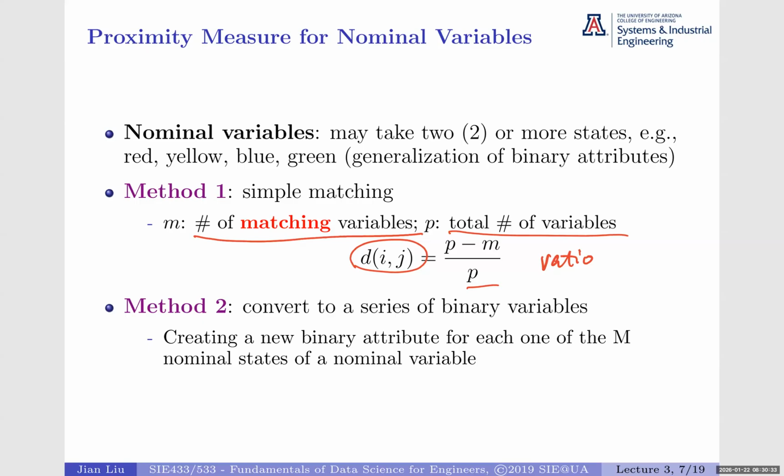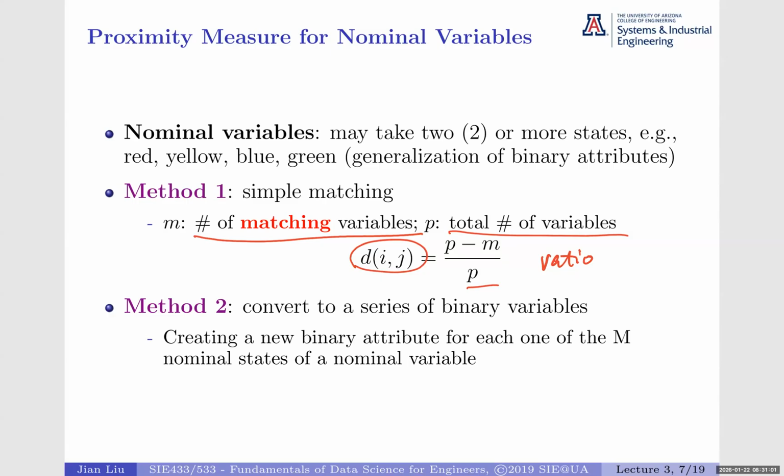Second method is we convert a single multi-state variable. Actually, we convert it to a series of binary variables. For example, we have a multiple state of a single nominal variable, like hair color: red, yellow, blue, green. So we can have one binary variable for red.